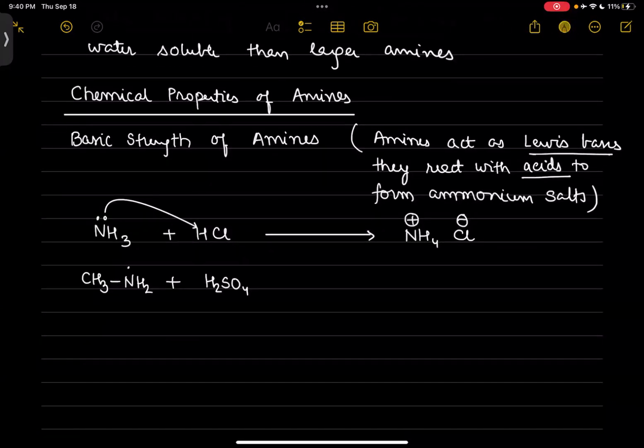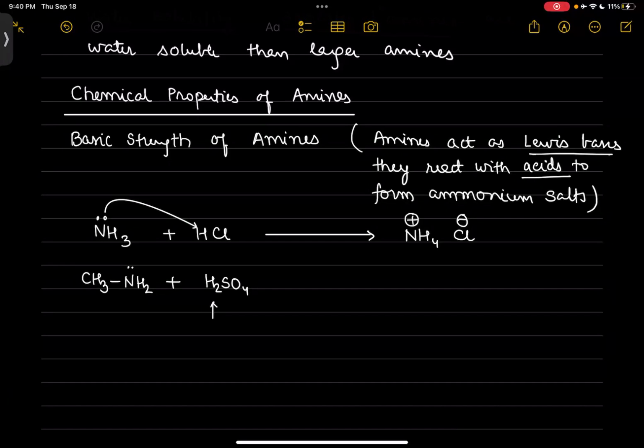How many moles of amines are required? Yeah, Aisha, Marwa, tell me. How many moles of amines? This can give 2H plus. I hope all of you agree with it.